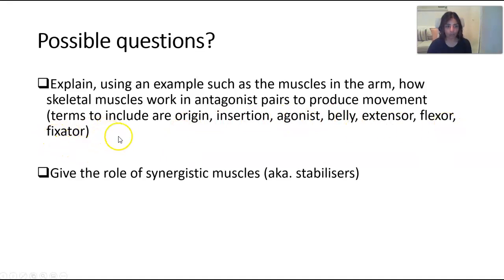So understanding what those words are and using the correct terminology in the correct way will attract lots of marks. Another question that you might get could be, give the role of synergistic muscles. So that's stabilizer muscles. Again, within this answer, you would incorporate these keywords.